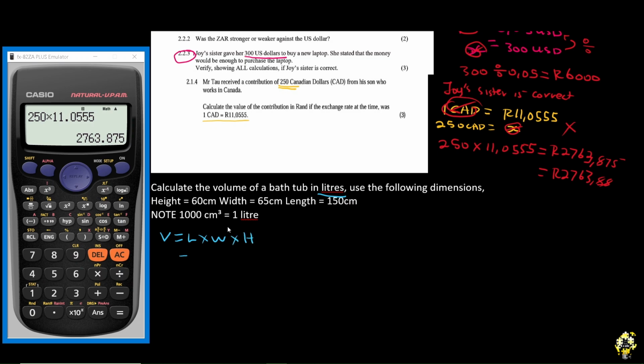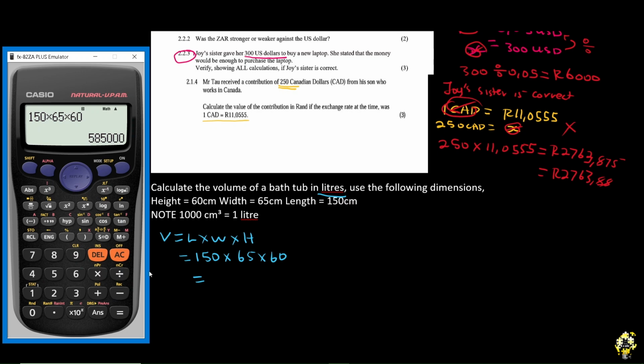My length has been given as 150, my width as 65, and my height as 60. Now what does this equal? So I have 150 that I have to multiply by 65 that I have to multiply by 60.